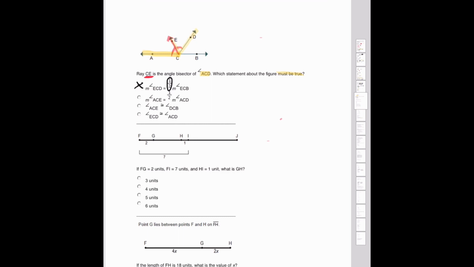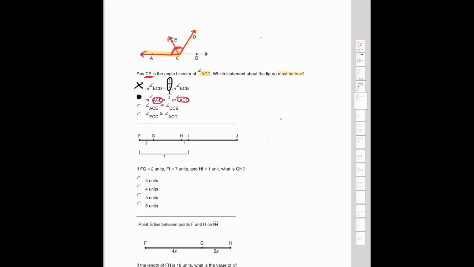Remember that bisectors cut an angle directly in half. Therefore, it is reasonable to assume that the angle ACE is 1/2 that of the entire angle ACD. Therefore, that is our answer choice.